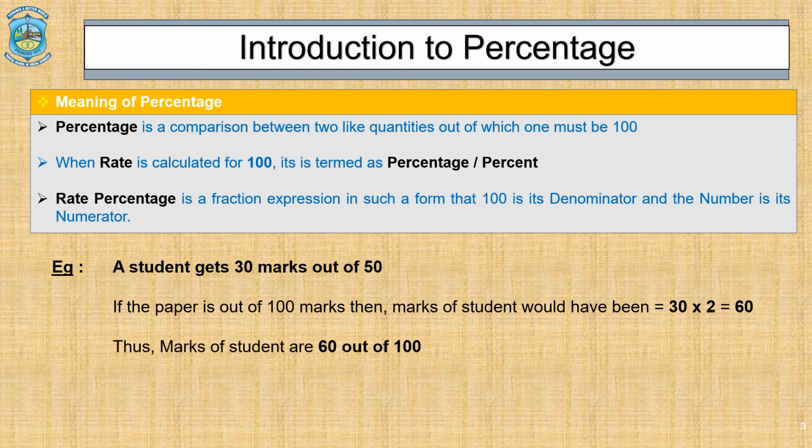Thus, marks of students are 60 out of 100. Now, we can represent this in terms of fraction as 60 upon 100 or in terms of percentage as 60%. If you can see here, we have substituted the value of 1 upon 100 as the percentage. So, 1 by 100 is equal to the percentage symbol.